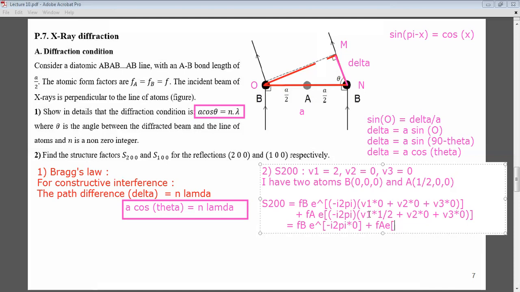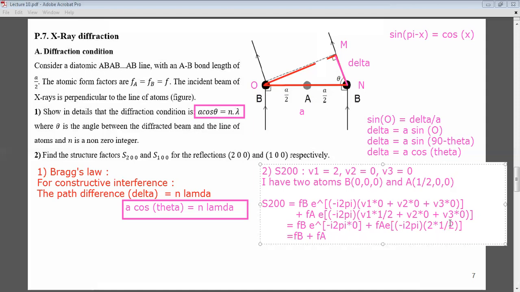So I have e to the minus I 2 pi into 2 times half. So I have FB plus FA e to the minus I 2 pi.